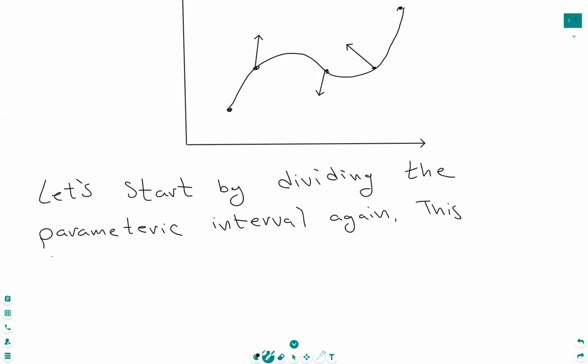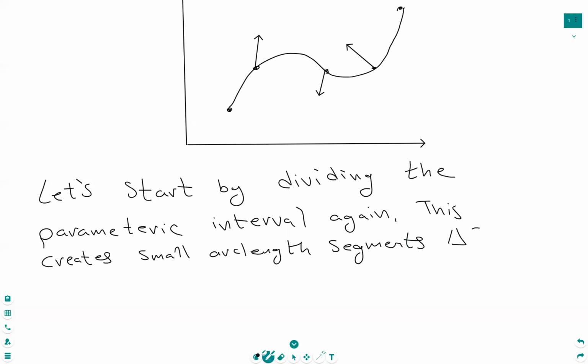This creates small arc length segments that we'll again call delta s_i.